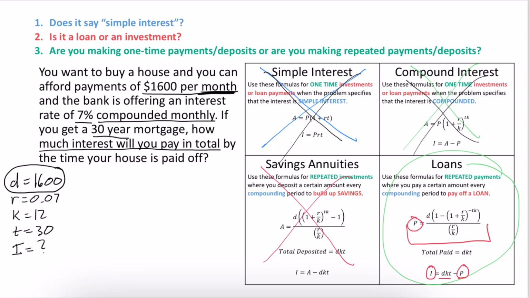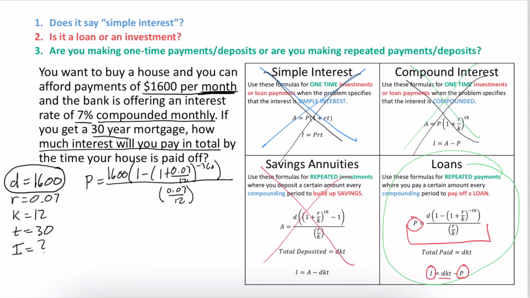Okay, so when you plug all of these numbers into the formula to find P, you'll find that P equals 1,600 times 1 minus 1 plus 0.07 divided by 12 raised to an exponent of negative 360, because that's what 12 times 30 is. And then this is all divided by 0.07 divided by 12.